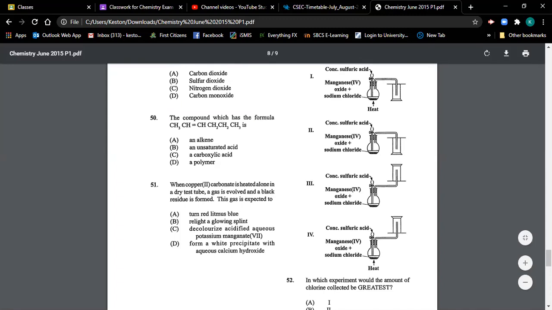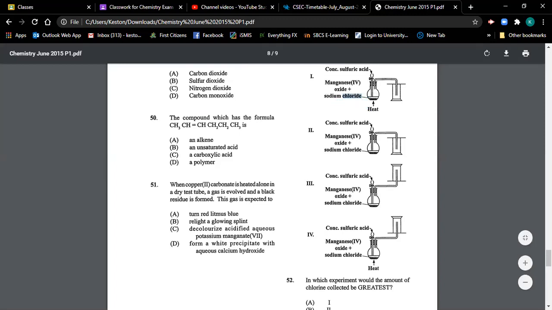This one doesn't have heat. And then you have these pointing downwards, these pointing upwards. So what do we have here?